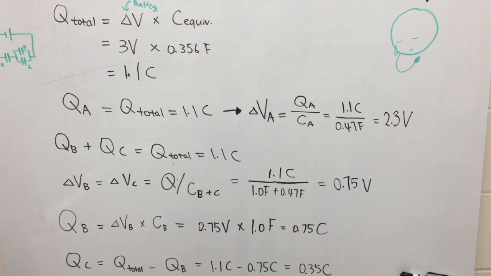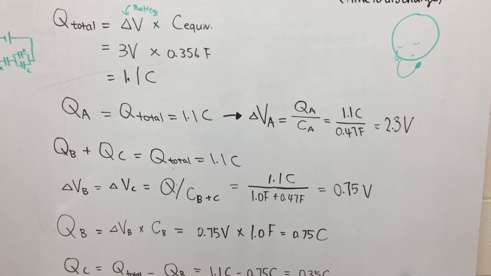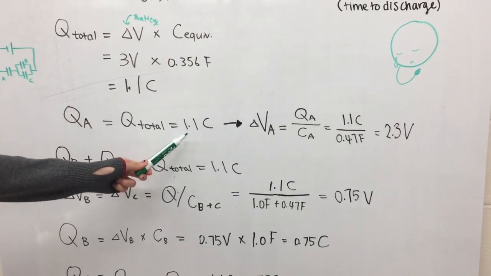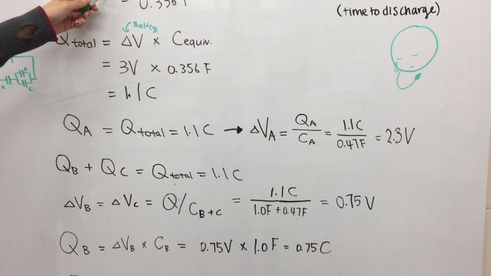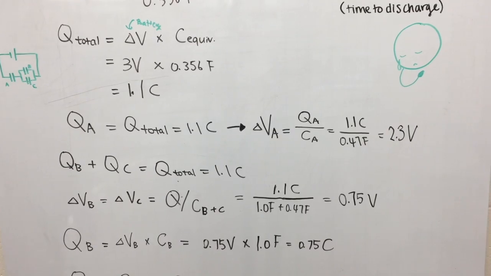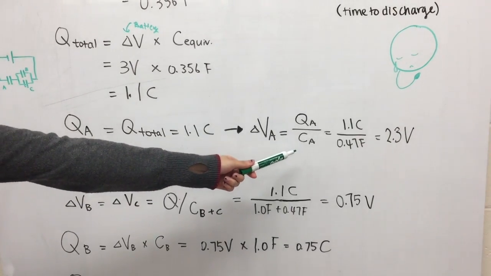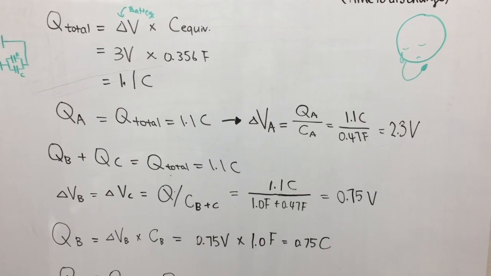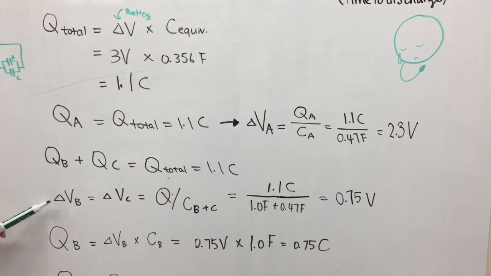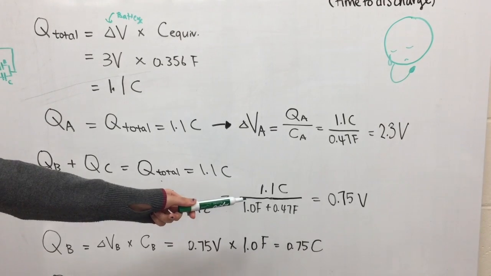According to our previous calculation, the amount of charge on A is 1.1 coulombs, based on the knowledge that capacitor A has a capacitance of 0.47 farads. The voltage across A should be 2.3 volts. And we've also calculated that the voltage across B or that across C should be 0.75 volts.